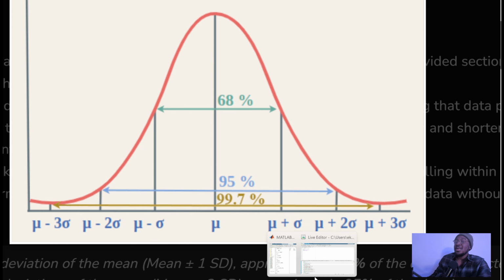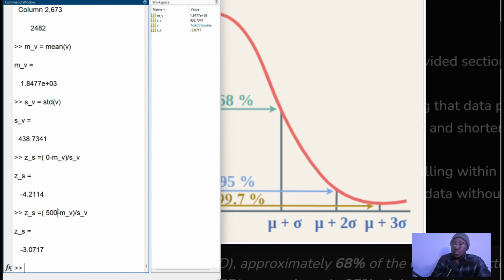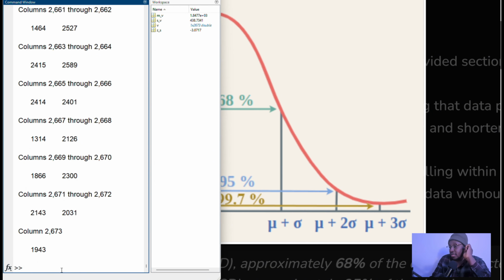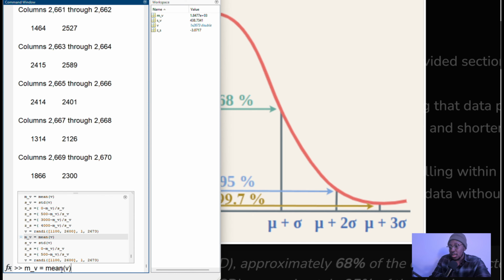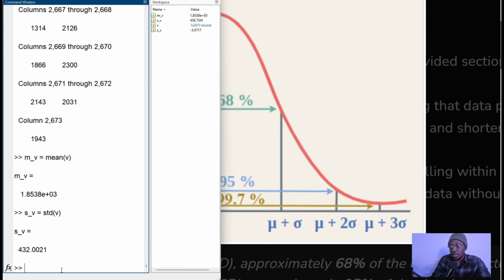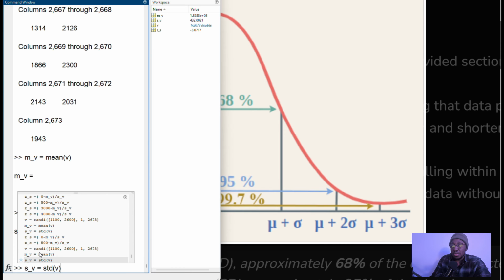So it's very easy. Here you imagine having a random vector with values between 1100 and 2600, right? You can compute the mean of that vector, and you can also compute the standard deviation of that vector. Now we have mu and sigma. Remember, we said the random vector is taking values between 1100 and 2600.